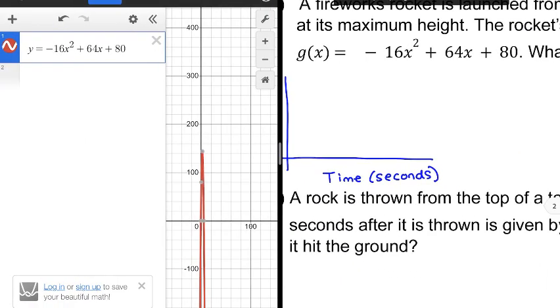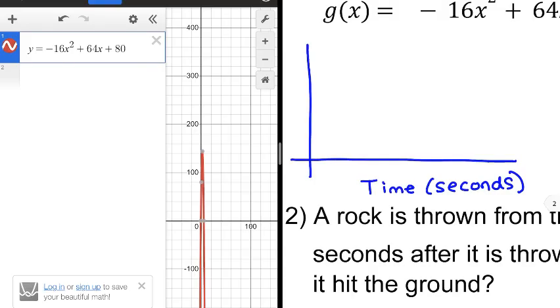Okay, so I know that I want this graph to go to 5 seconds. So I'm going to do 1, 2, 3, 4, 5. So we're kind of setting up what our graph should look like.